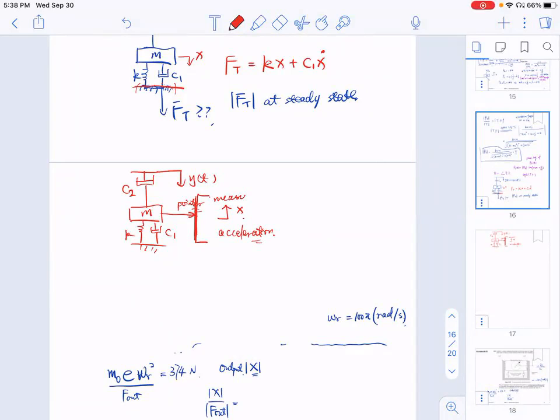So even for the same system, depending on which parameter you analyze, you might end up with different transfer functions. You're going to see these more clearly next lecture when we talk about accelerometers and seismometers. They're actually the same system, but just the way we analyze the output changes the transfer function. That makes sense.